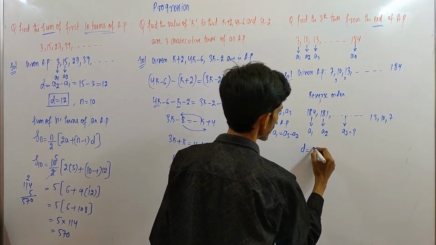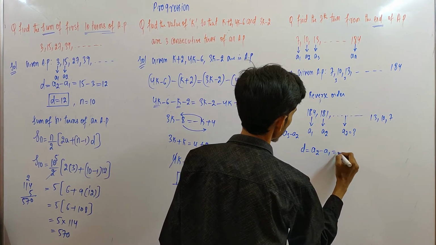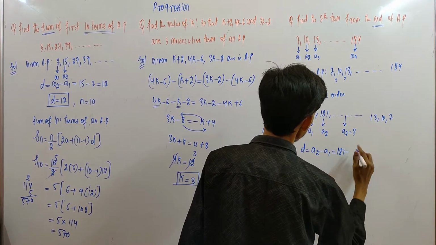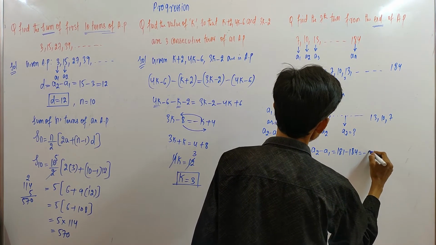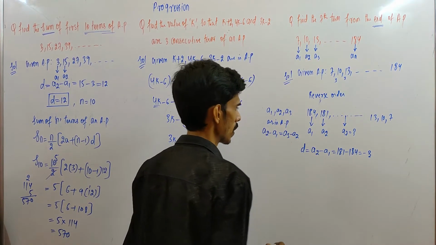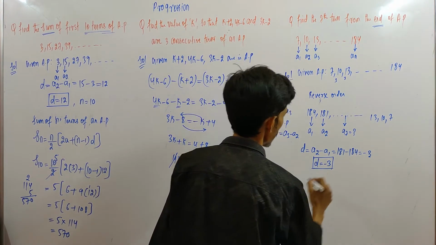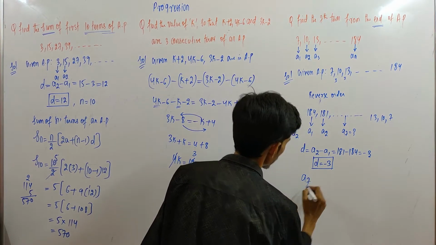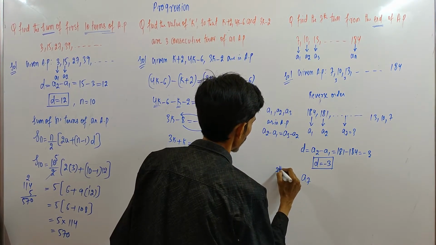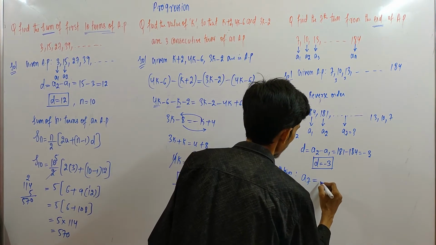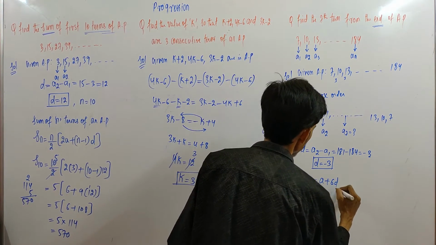Calculating the common difference, d is equal to A2 minus A1, that is 181 minus 184. We have minus 3. D value is minus 3. The seventh term A7 can be written as a plus 6d.